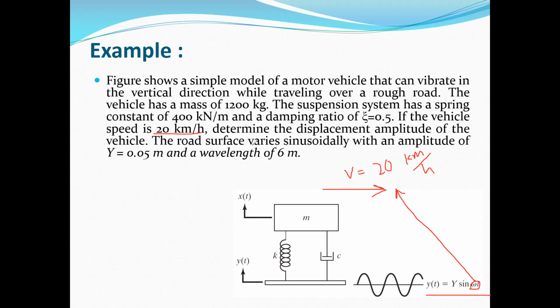Here, the road surface varies sinusoidally with an amplitude of 0.05 meter and a wavelength of 6 meter. What does it mean?